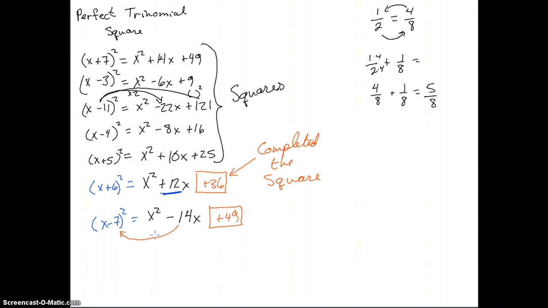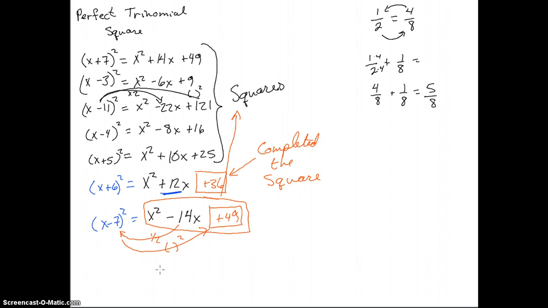We're taking half of that number and squaring it. That's how we get that. Half of negative 14 is negative 7. That's what goes in here to make the perfect square. And then we square it. And then this is now, ding, a perfect square.